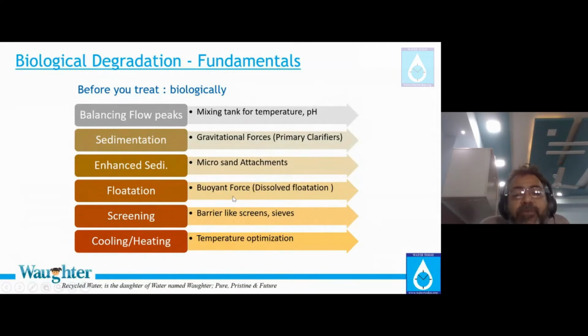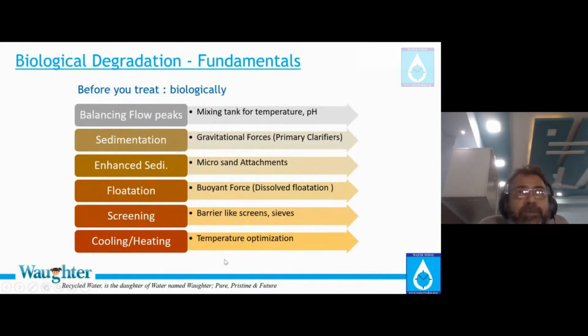Flotation, buoyancy forces, you can use dissolved air flotation. For example, if you are in an environment with a sewage industry along with some dairy industry producing milk products, DAF could be a better equipment. Then screening, barriers like screens and sieves, and finally, temperature optimization.